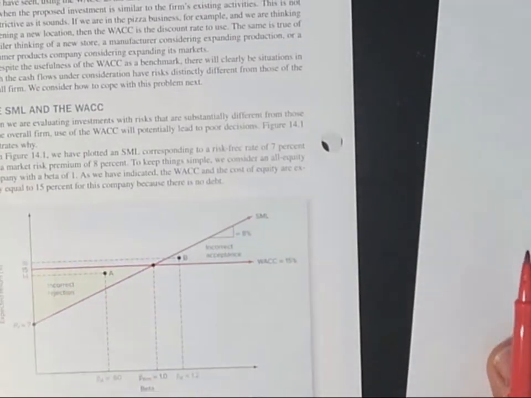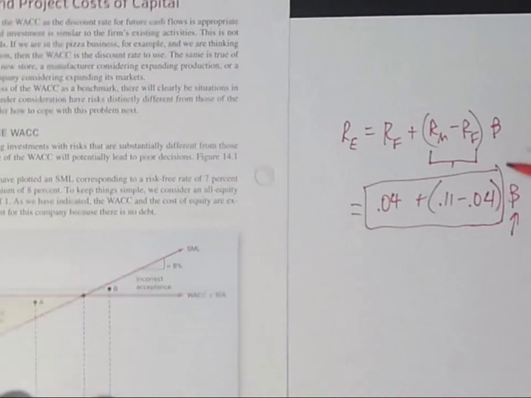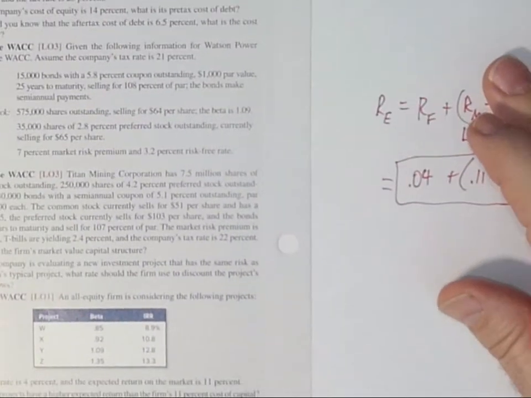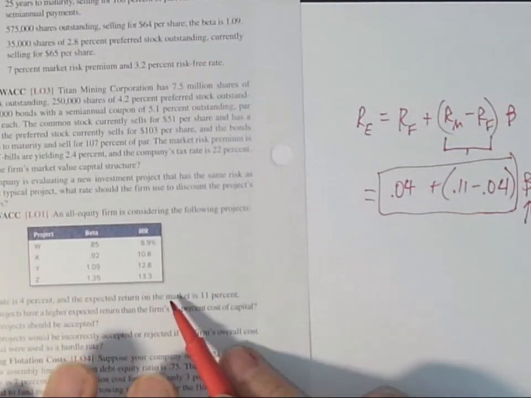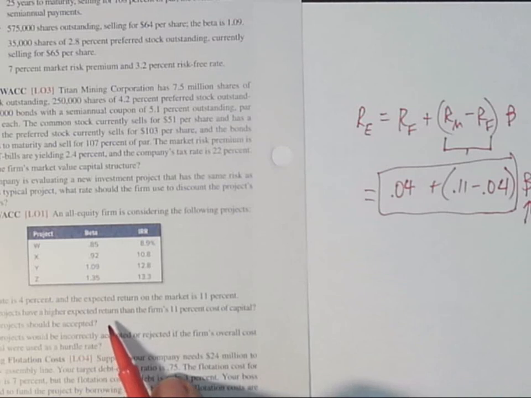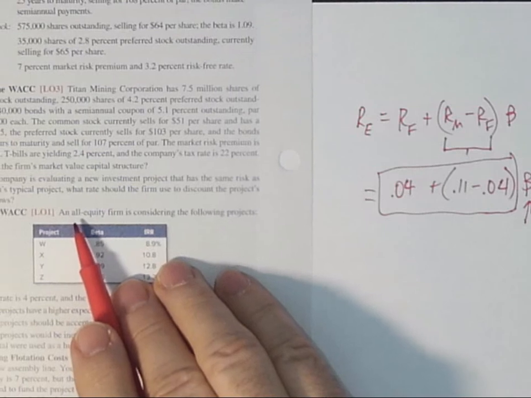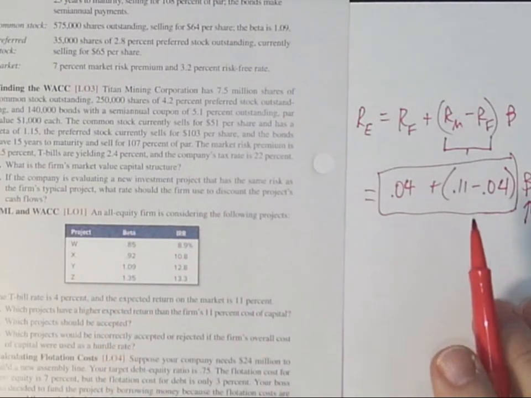Well, that's the same thing that you're doing in this problem, comparing this stuff to the cost of, where are we here? Here they're showing the expected return to the market. The firm's 11% cost of capital. And they emphasize that it's an all-equity firm, so you don't need to worry about any of the leverage aspect.